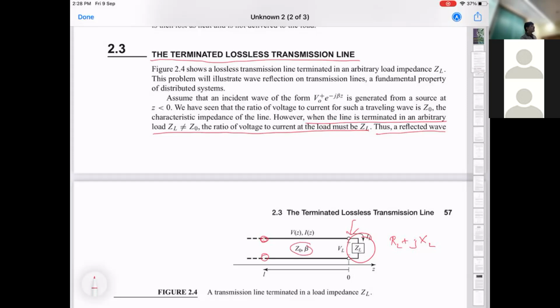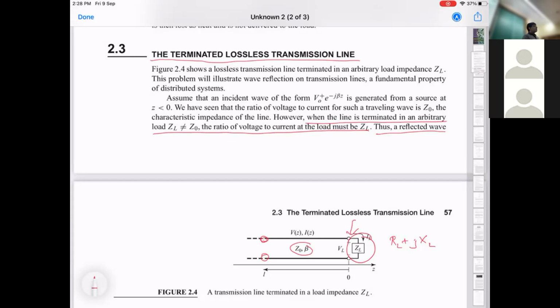Z0 is the characteristic impedance; remember, it tells you the ratio of the voltage and the current wave amplitudes at any point in the transmission line. Beta is related to the speed of microwaves in this transmission line. It is connected to the inductance per unit length and capacitance per unit length which a transmission line structure has. And then there is the length of this thing.